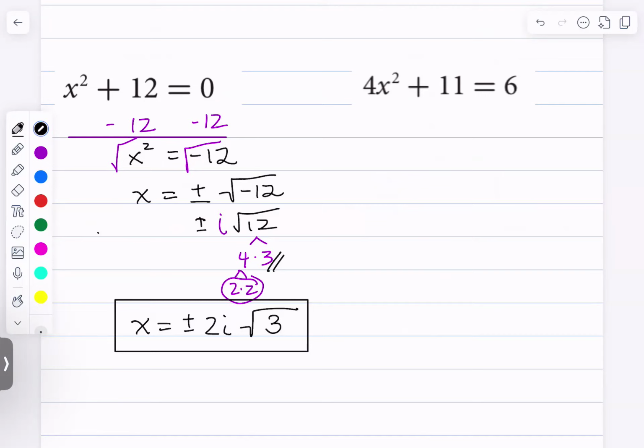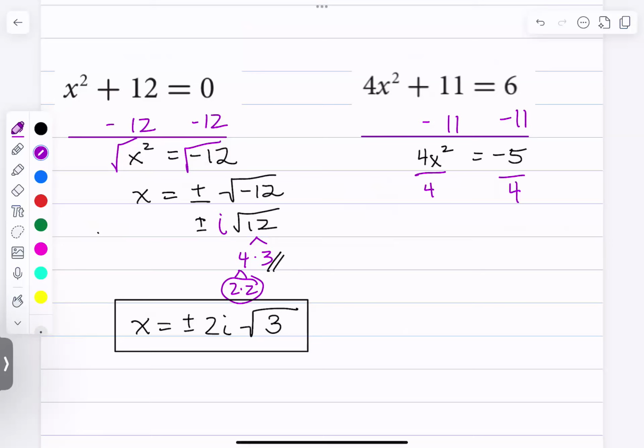Okay. So this next one, I'm going to subtract 11. So we have 4x squared equals negative 5. And then divide by 4. So we have x squared equals negative 5 over 4. Proceed by square rooting both sides.